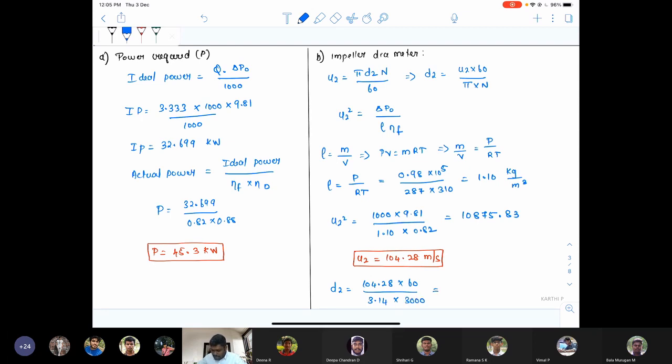Therefore you will be getting a value of 0.664 meter, which means D2 is equal to 66.4 centimeter. Now we have also found the value of D2. Do you have any doubt till this?